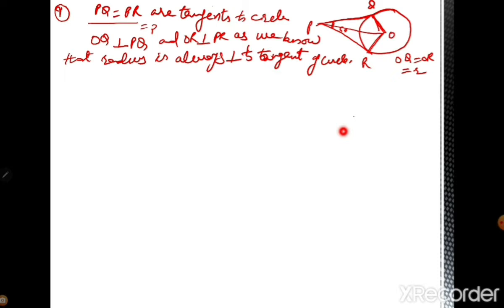So this angle is 90 degrees and this angle is also 90 degrees. You can say that angle 1 equals angle 2 equals 90 degrees.